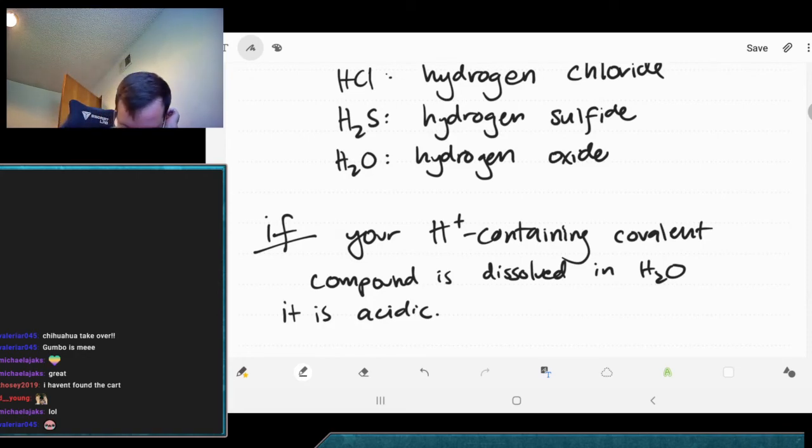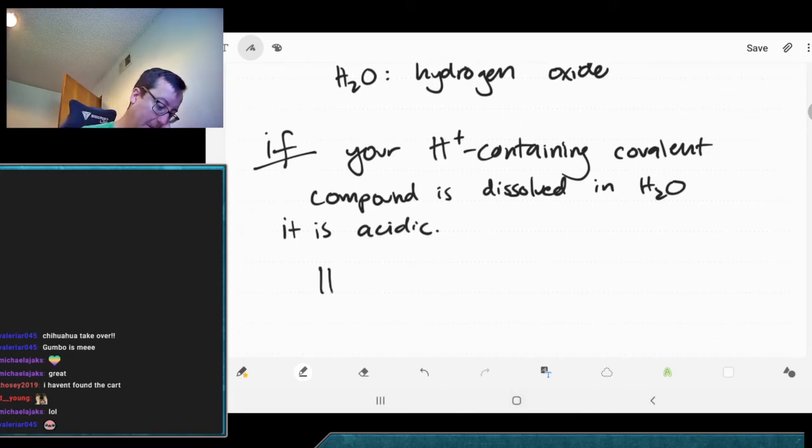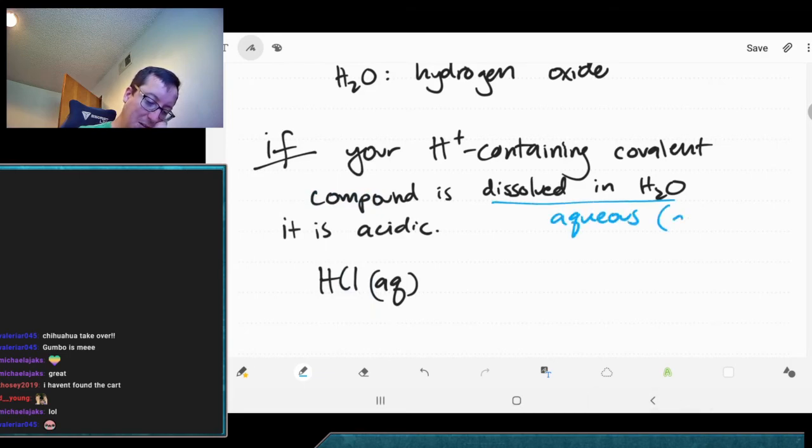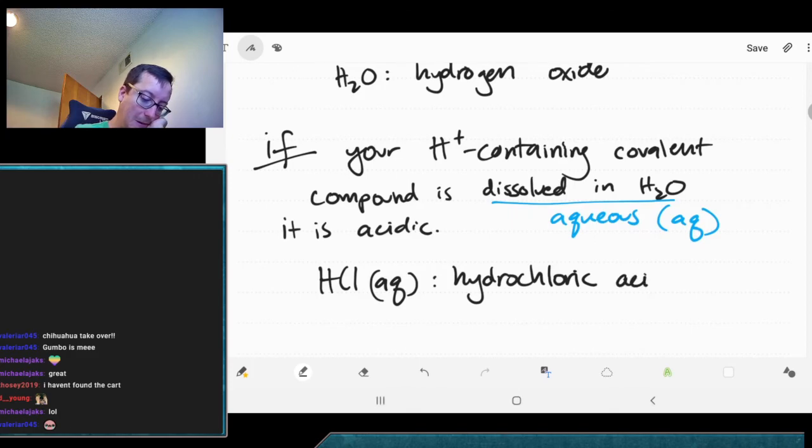So if we take HCl and dissolve it in water, that's what this means. AQ, aqueous, which we abbreviate AQ. We call this hydrochloric acid, a name you've heard before.